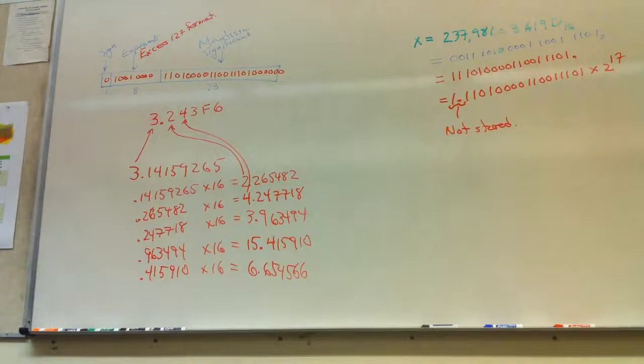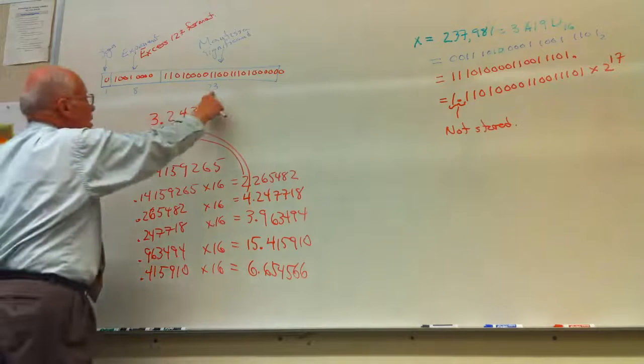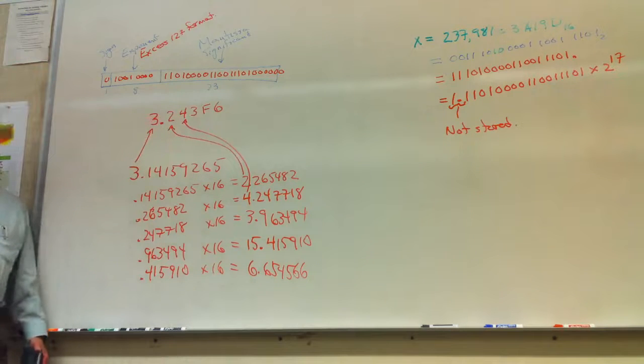How long do I have to keep going? It may never come out even. Try it with 1/10. It never does. It never does come out to a pure integer. Notice I've got to come up with 23 bits. Each hex digit gives me 4 binary digits.